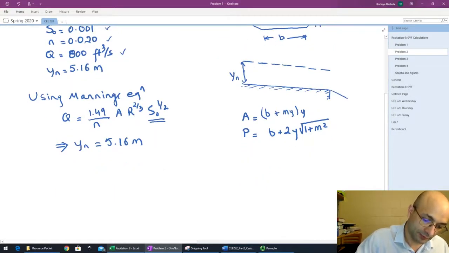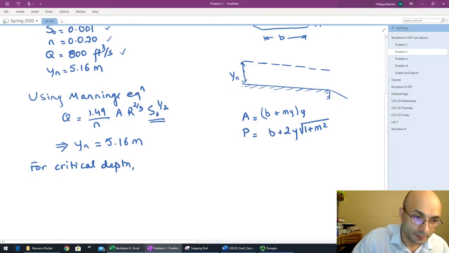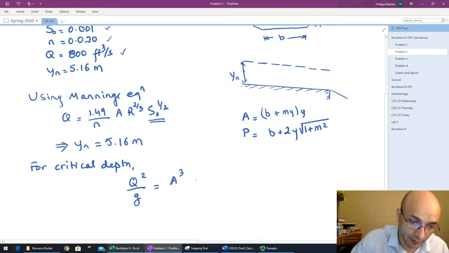For critical depth, use the critical depth conditions. It should satisfy this equation: q squared over g equals cube of the cross-sectional area divided by the top width.